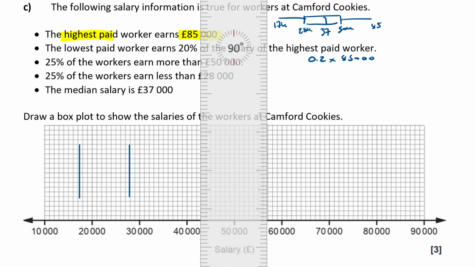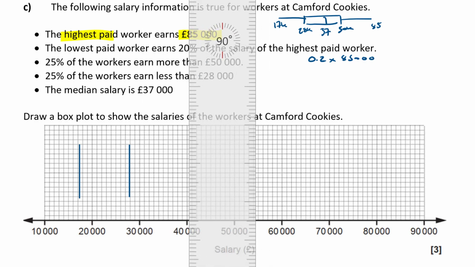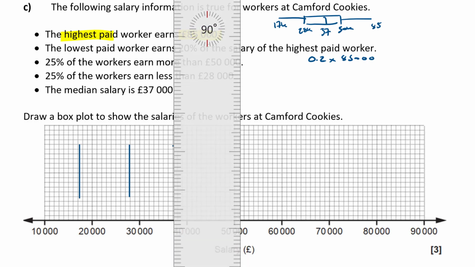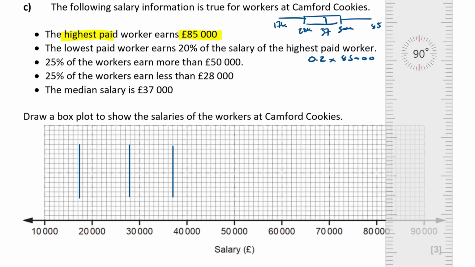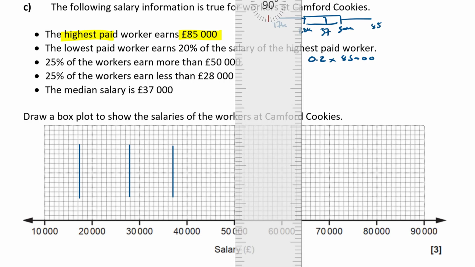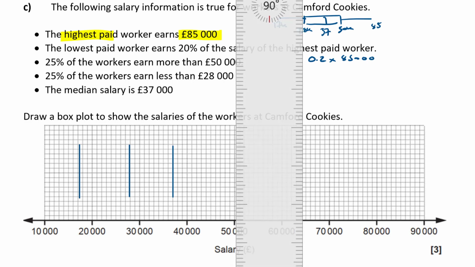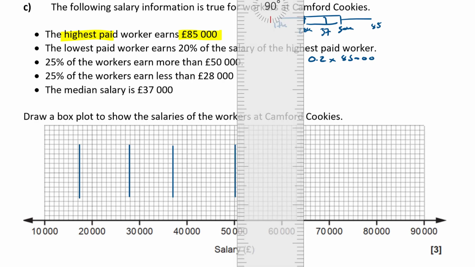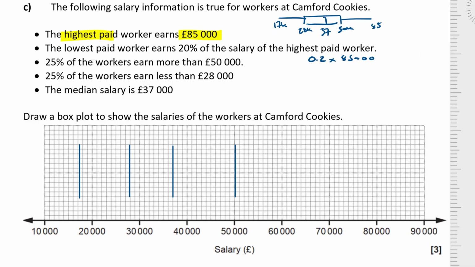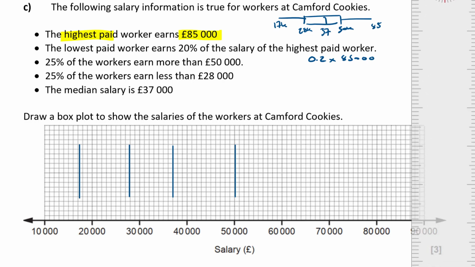Then we had a median at 37,000. 40, 39, 38, 37. And then we had the upper quartile at 50,000. Nice, easy one to draw. And then we've got the highest value at 85, the fat cat there at the top.